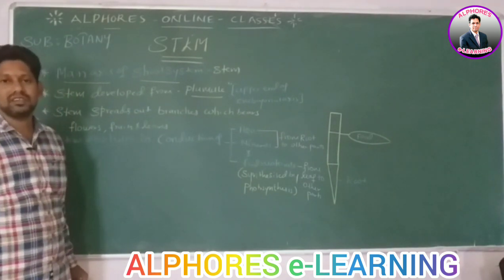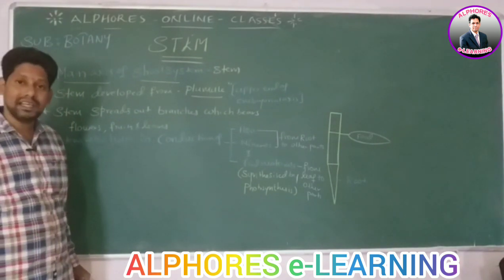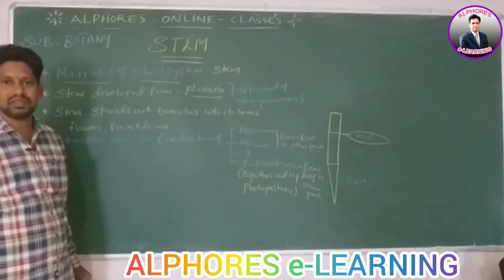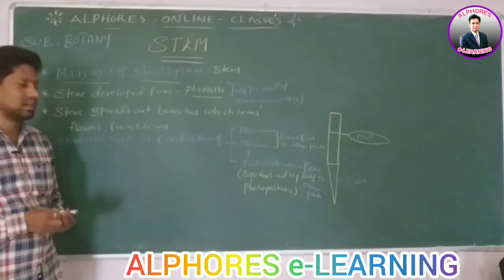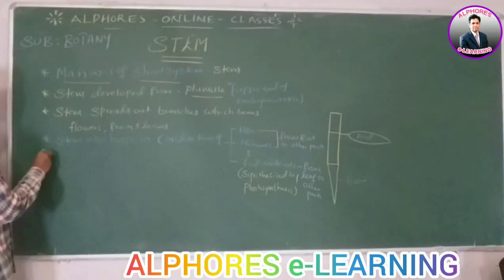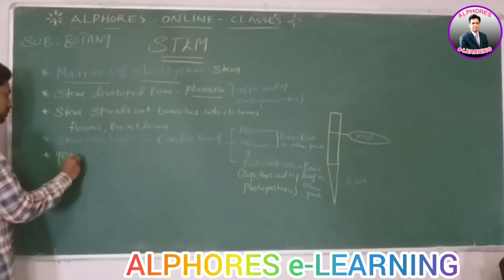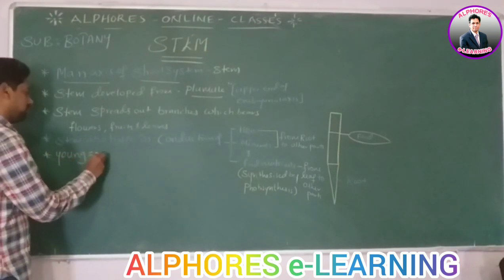Did you see stem when it is in young condition? Young stem is green in color, but later this stem becomes dark brown and woody. Becomes what? Dark brown and woody. So how is the young stem?